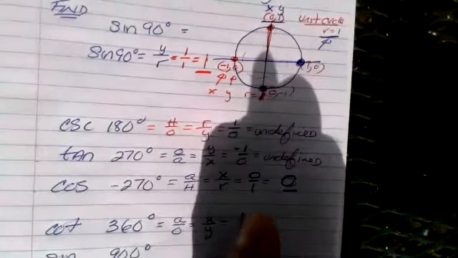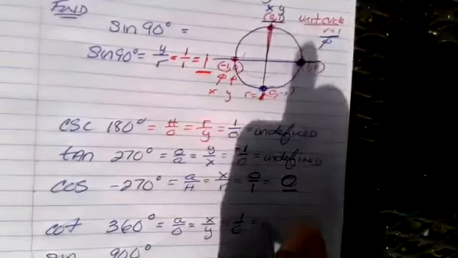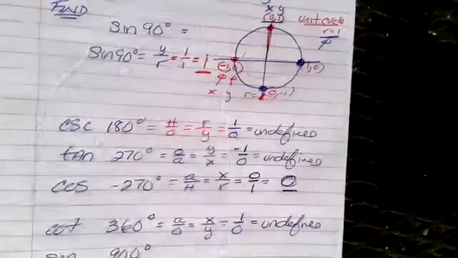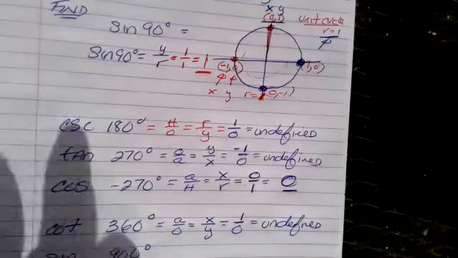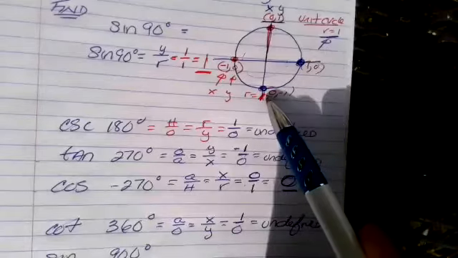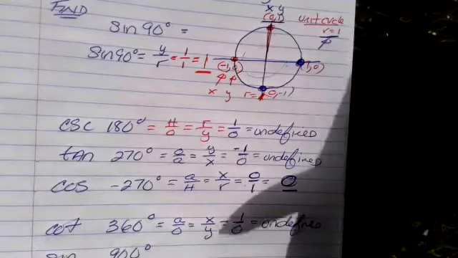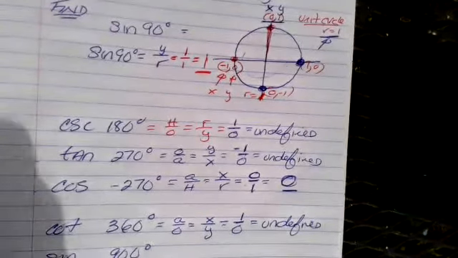In this case, my x is 1 and my y is 0. So this is undefined as well. Too many undefineds in my example. Because you're just dealing with zeros, ones, and negative ones, your answer can only be 0, 1, negative 1, or undefined. Those are your only possible answers.